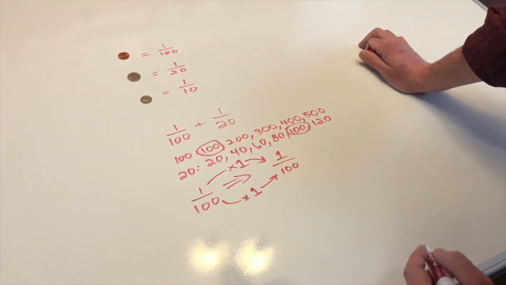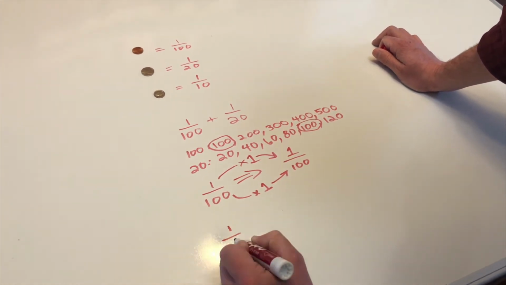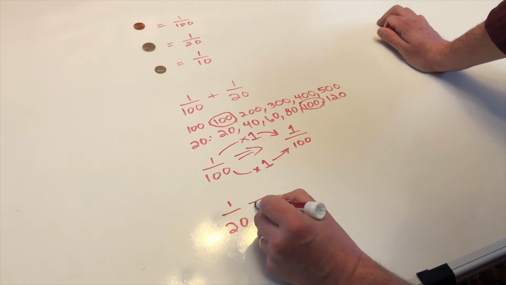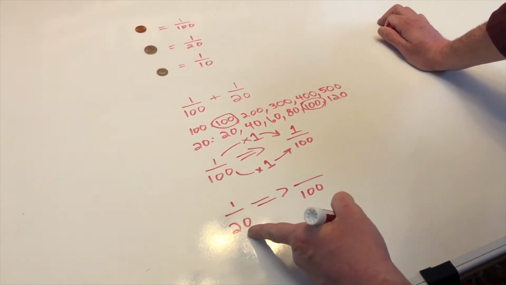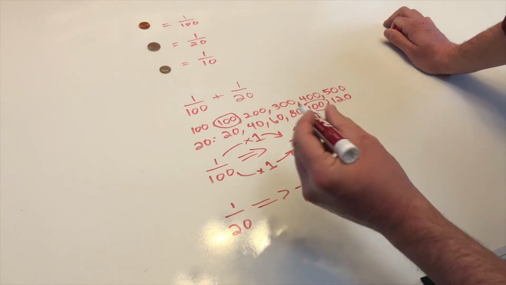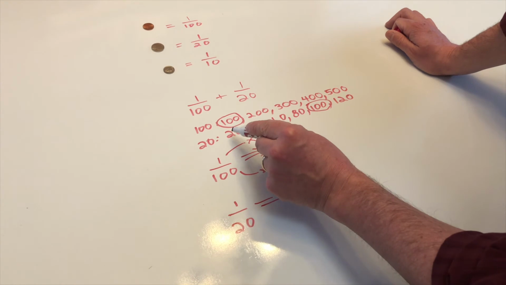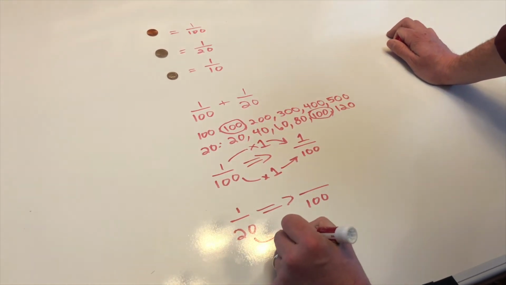Now let's talk about the nickel one. If I'm going to convert that so it has a denominator of 100, what number do I need to multiply by to get 20 into 100? Well, 100 is the fifth multiple. 1, 2, 3, 4, 5. 20 times 5 equals 100.